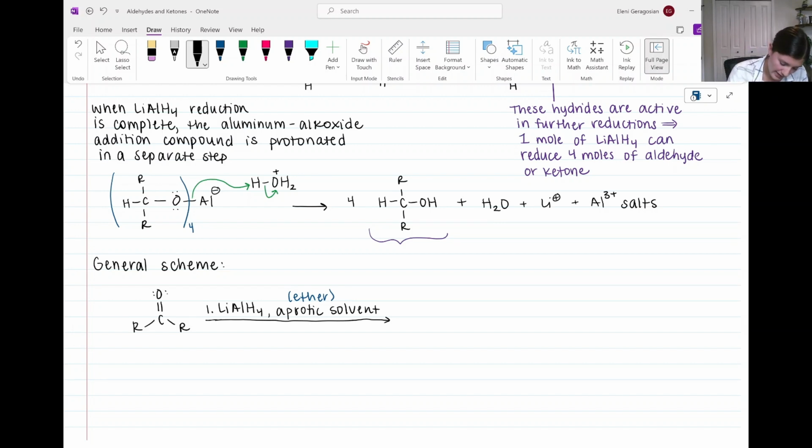The water must be added in a second step. So we have H2O and some acid. Now the acid can be like HCl, HBr, any strong acid that will protonate water molecules. Should be added to the water solution. We must do this in 2 steps.